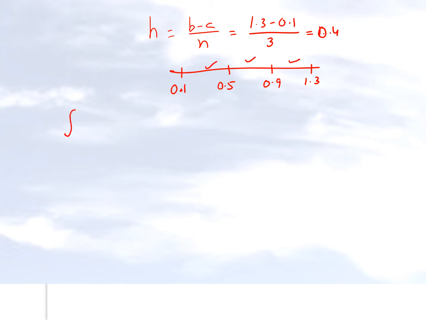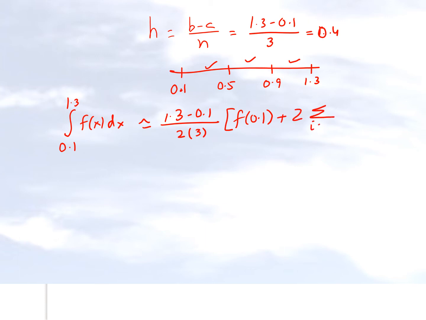So the integral going from 0.1 to 1.3 of f of x dx will be approximately equal to b minus a divided by 2 times n, which is 3, times the value of the function at 0.1, which is f of a, plus 2 times the summation i equals 1 to n minus 1, which is 3 minus 1, of f of a plus i times h, where h is 0.4.